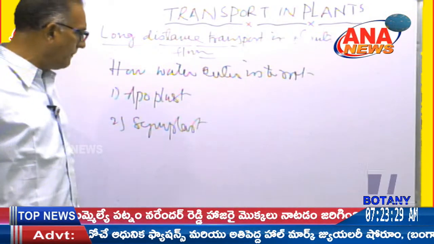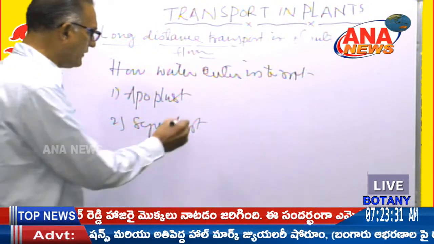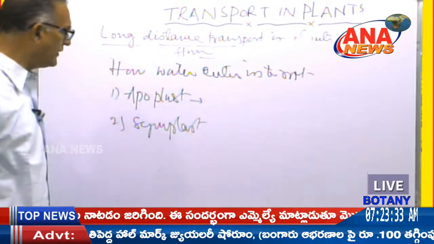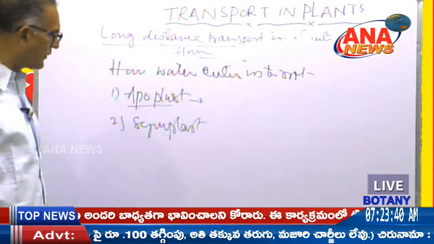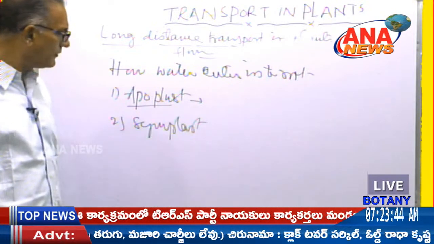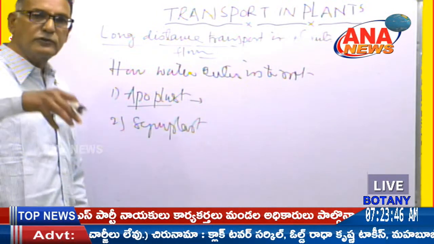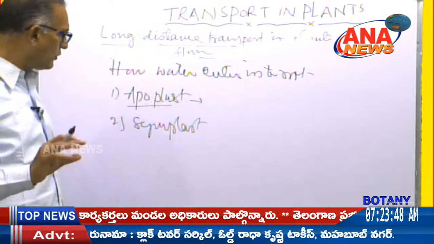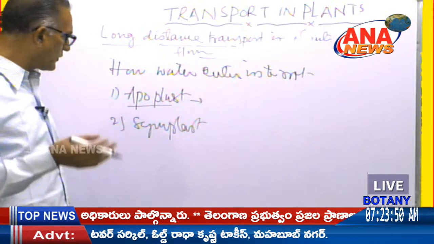Apoplast is the system which is continuous through the cell walls throughout the plant.